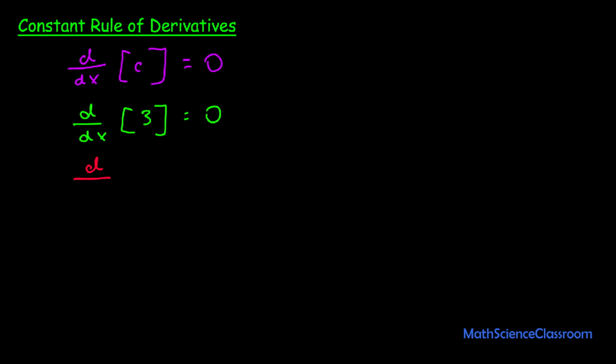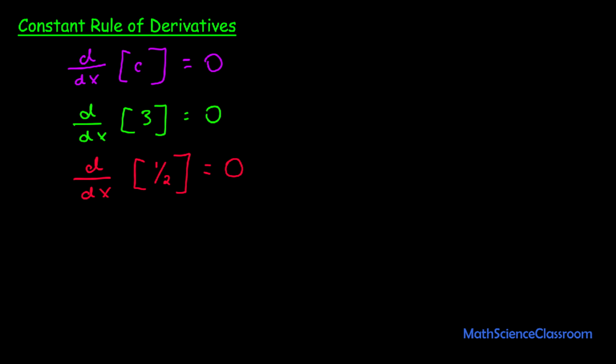So let's try another. What is the derivative of 1/2? Now, unlike the other numbers, 1/2 is a fraction, but even though it is a fraction, it is also a constant. It's not changing. So because it's a constant, the derivative of 1/2 equals 0. If there's only a constant in the expression without a variable, then the derivative equals 0.